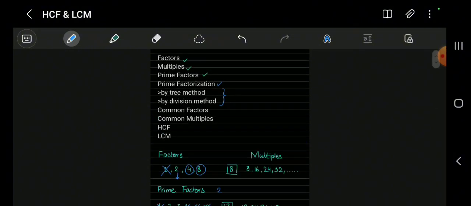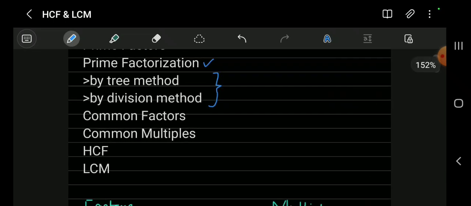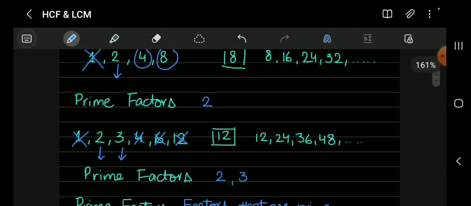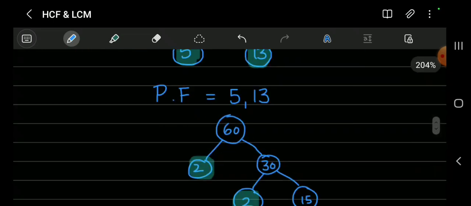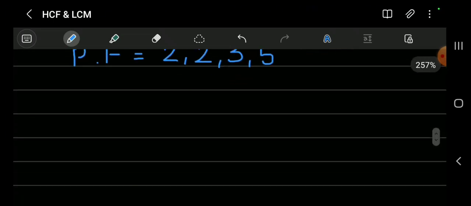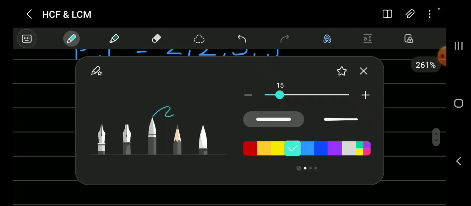Okay, now the next thing that we should know is the division method. And we mostly use the division method because it is very convenient. So let's think about the division method.